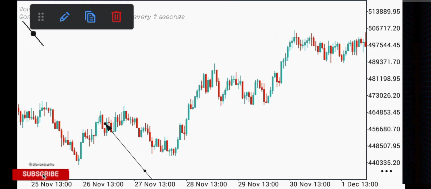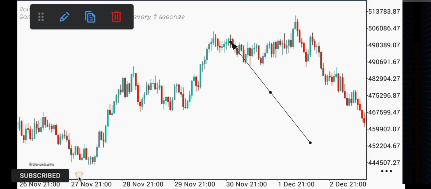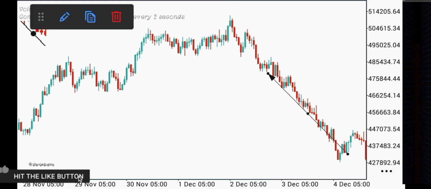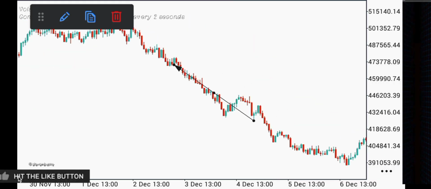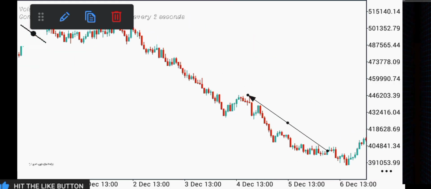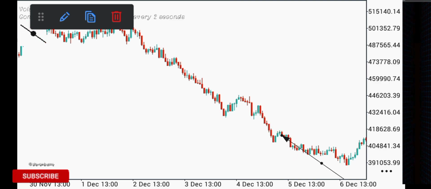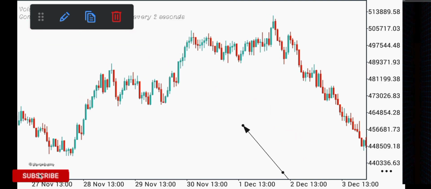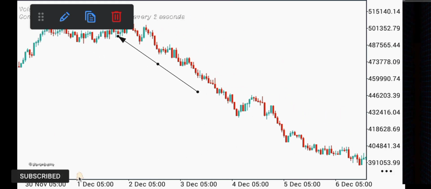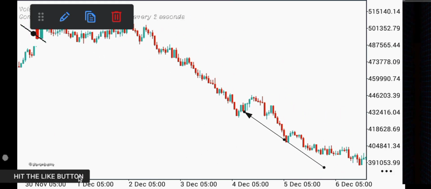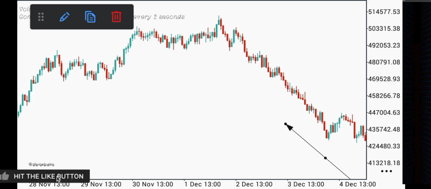The market here is in an uptrend, making higher highs, higher lows, higher highs, higher lows. Right here, the market started making lower high, lower low, lower high, lower low. This brought a sudden change from this upward movement to this recent downward movement we are seeing. Now let's spot where the change happened.